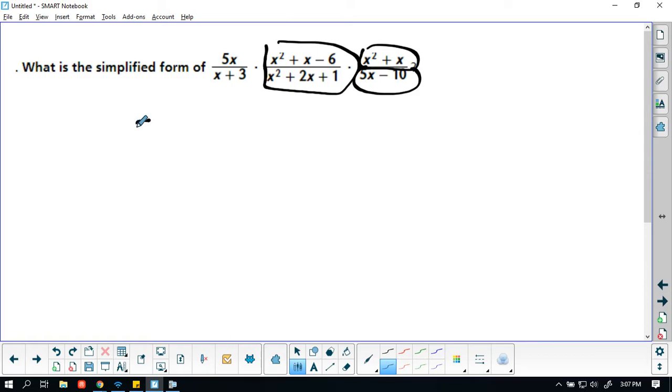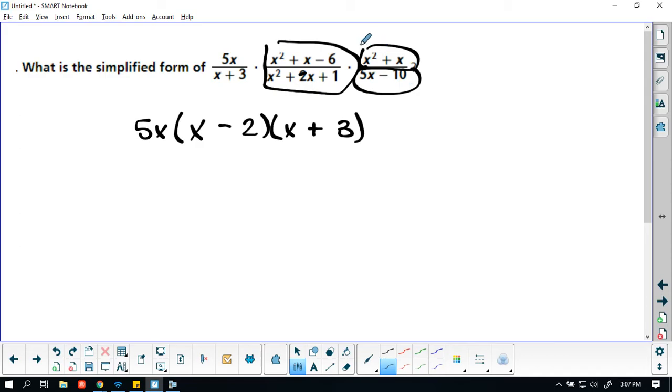All right, so I have x squared plus x minus 6. I need 2 numbers that will multiply to give me -6 and add to get me +1. Well, let's think of factors of 6: 2 and 3. And if I subtract them, I get 1. This is a +1, so the positive goes on the bigger factor.